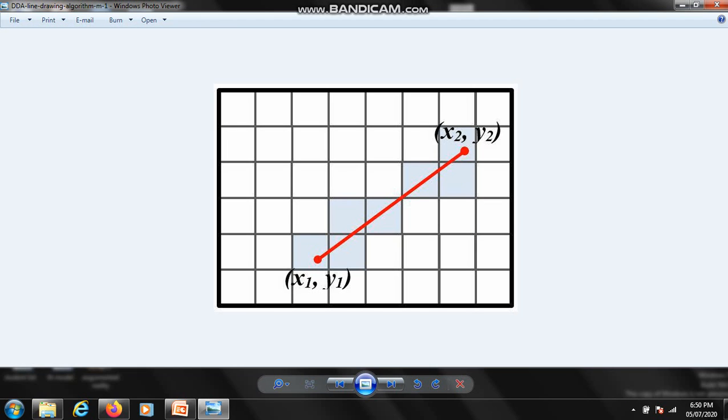Here you see that x1, y1 and x2, y2 are the coordinates of the line, and between x1 and x2 there is a floating point, and this is known as the incremental point. Means to reach the end points we find in-between points, and this is known as incremental.